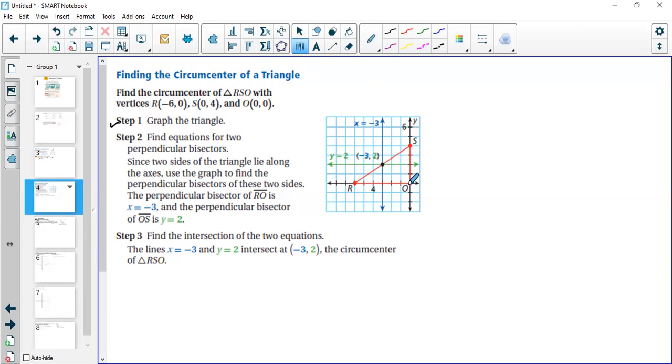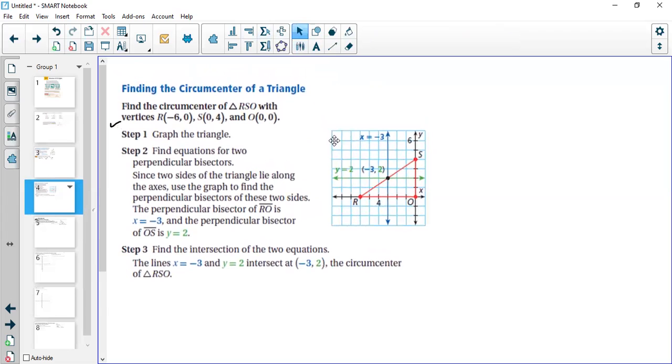You have to find the perpendicular bisectors of these two sides. It's easy. You just need to find where the center of each is. Let me move this a bit. So the distance from here, this is 0 and this is 4.